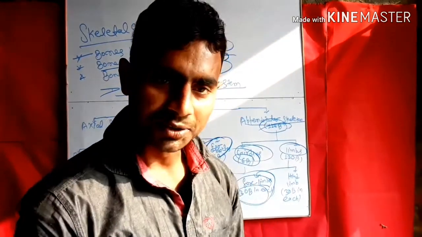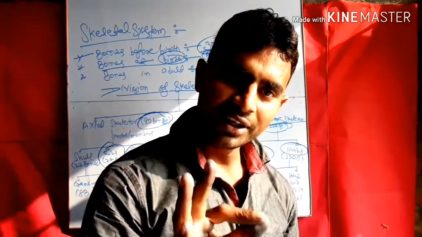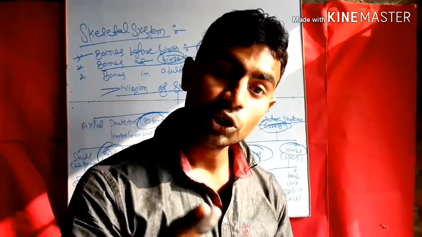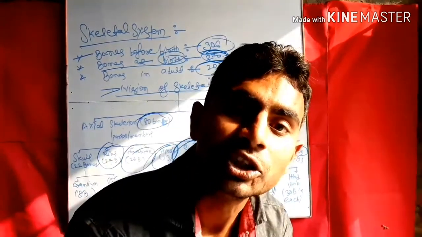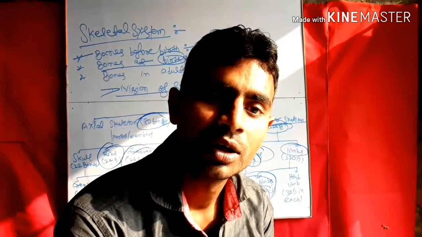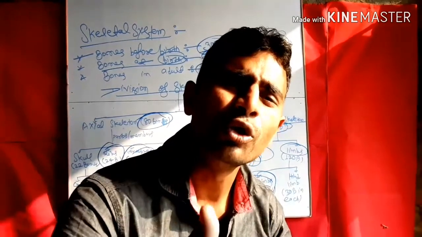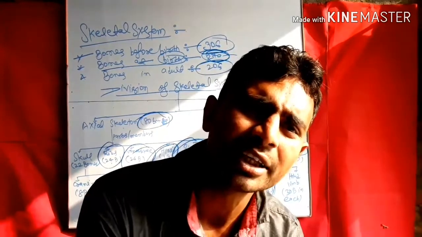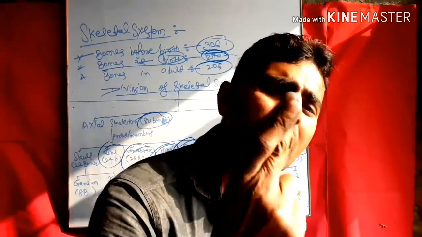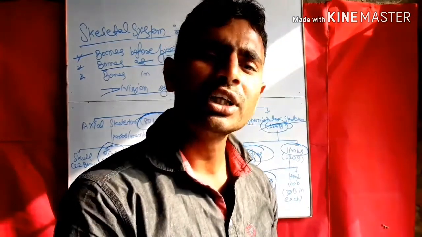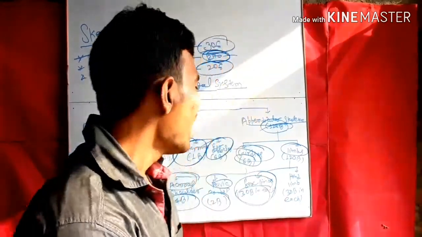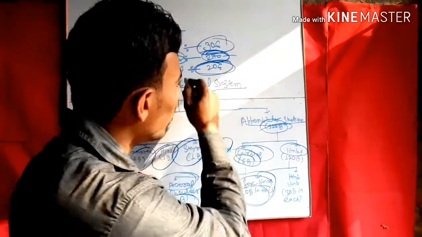But you can understand that due to fusion, more bones fuse with each other. One bone, two bones, three bones fuse with each other, and those bones are counted as only one bone, not two or three bones. Due to this, the number decreases, and in the adult it comes to 206.